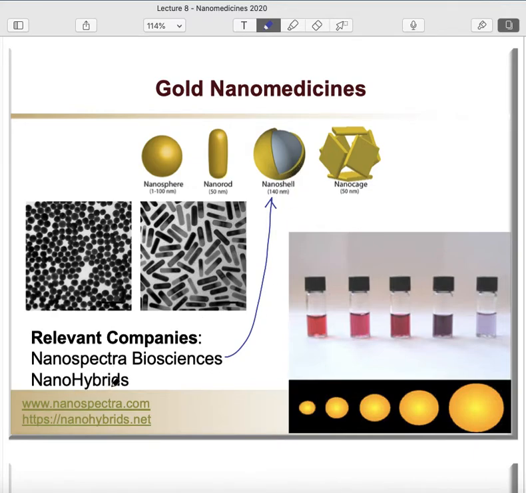And then Nanohybrids is a company that works on utilizing gold nanostructures initially for photoacoustic imaging, where the nanoparticles would be irradiated with a laser. And when the laser light is absorbed by the particle, it would generate heat. But now the heat is utilized because of the vibrations that it would generate.